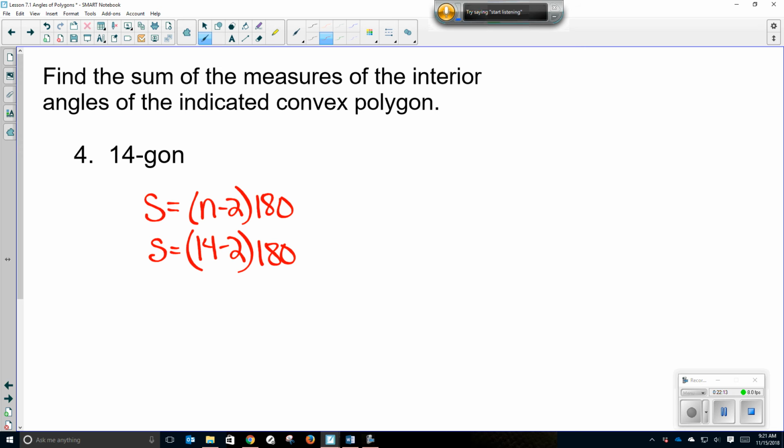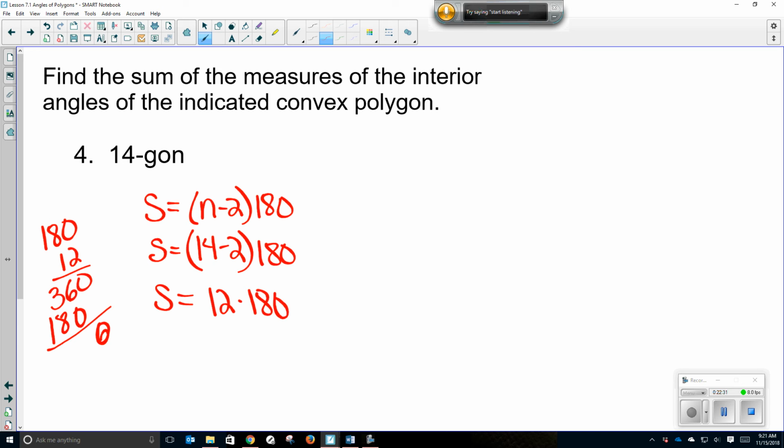But I do want you to write down the formula. It's smart to plug into the formula instead of trying to simplify here. So 12 times 180. Anybody else get 2,160? Okay.